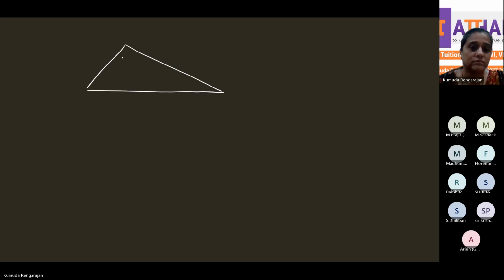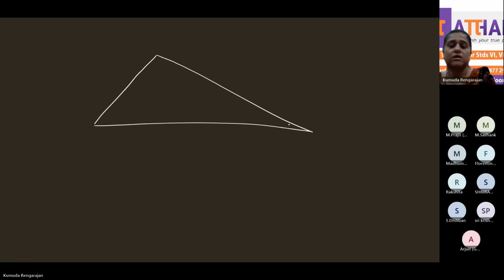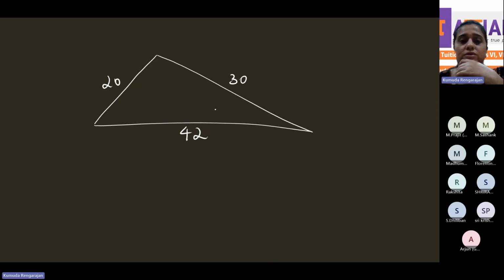Okay. Don't write anything. Just listen to me. Now, this is a triangular field, children. Three animals are tied to the three corners, the three vertices of this field, say a cow, a buffalo, and a goat.